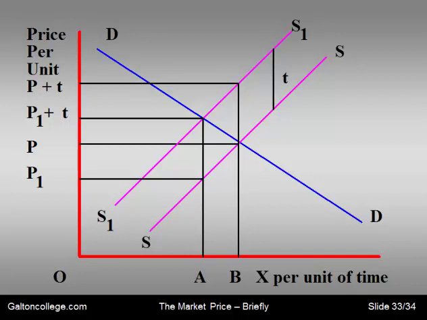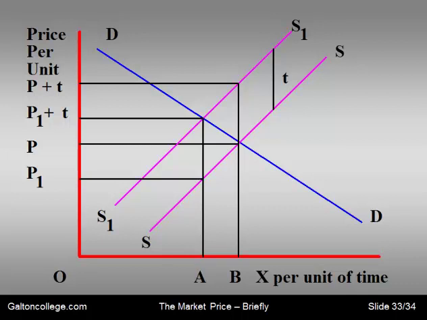Let me just put the cursor onto here. That's the initial equilibrium price, and this here is the equilibrium quantity. Sorry, the price. B is the equilibrium quantity. I beg your pardon. So B is the equilibrium quantity. Now, let's say the government imposes a tax on the product.